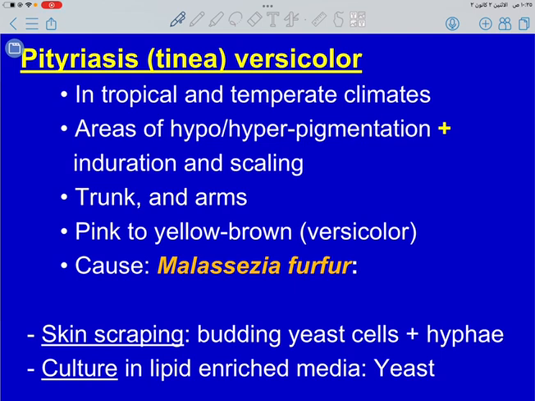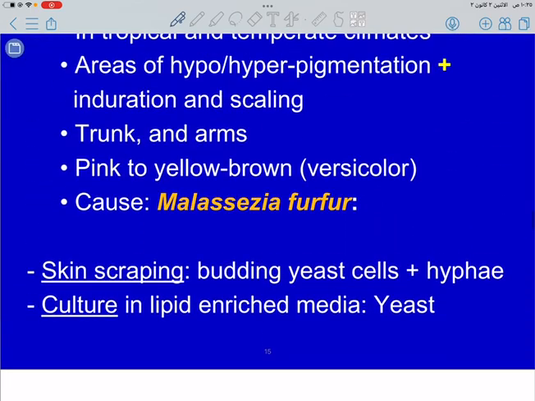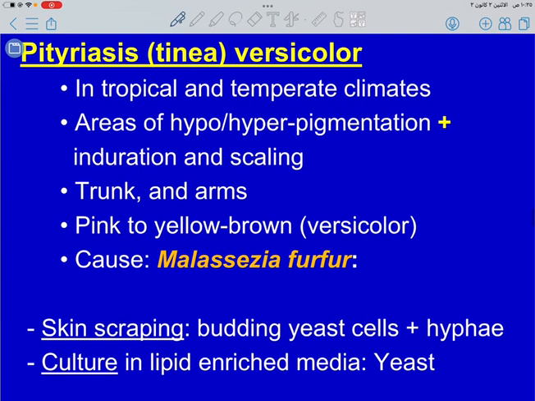The cause is Malassezia furfur. So if you see this picture and I ask you what is the causative agent, you will say to me Malassezia furfur. So we do skin scraping. You see budding yeast and hyphae. These are the budding yeast. You can see the buds, budding yeast, and hyphae.